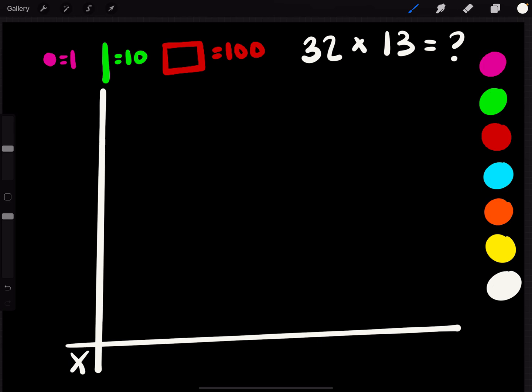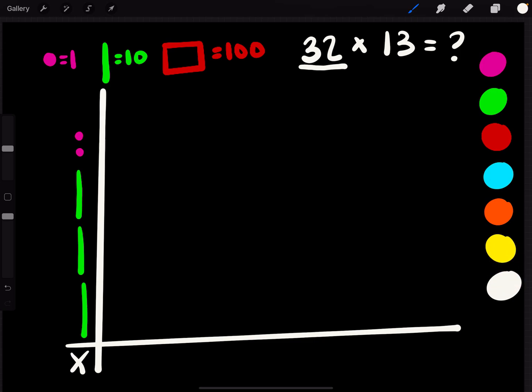And in the corner, we're going to multiply. On the left side, we're going to put the factor of 32. Now, 32 is made out of 3 tens and 2 ones. So we're going to start by our tens, and we're going to put 10, 20, 30, and then we have 2 ones blocks. So 1, 2. The left side represents 32.